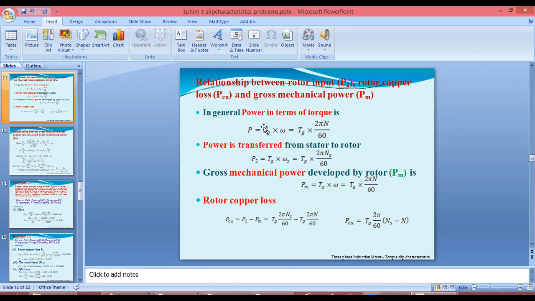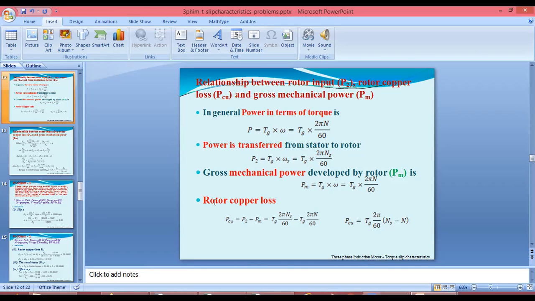This equation is for the power in terms of the rotor. This equation is the power from stator to rotor. So here we take torque into 2πNs, the speed which is because of the stator, upon 60. And the gross mechanical power will be torque into 2πN upon 60.